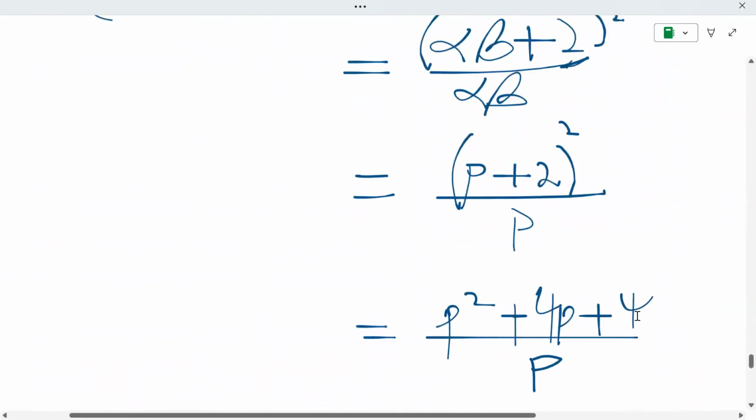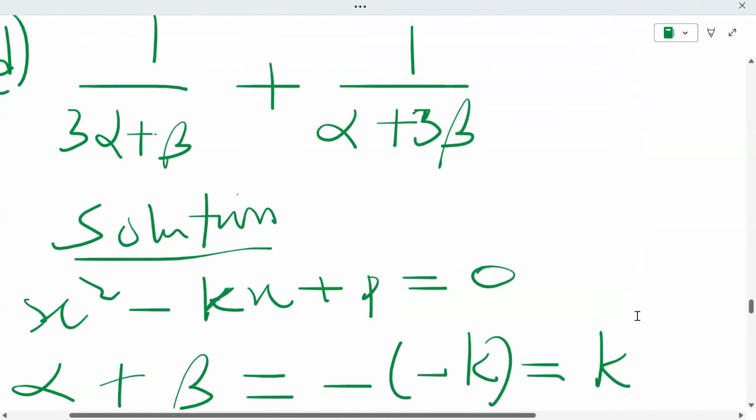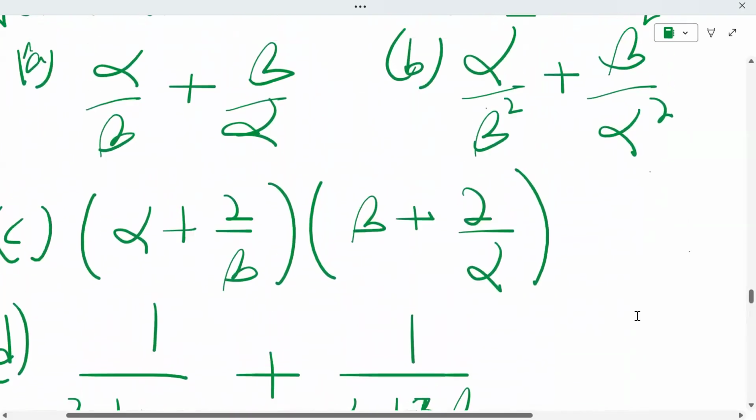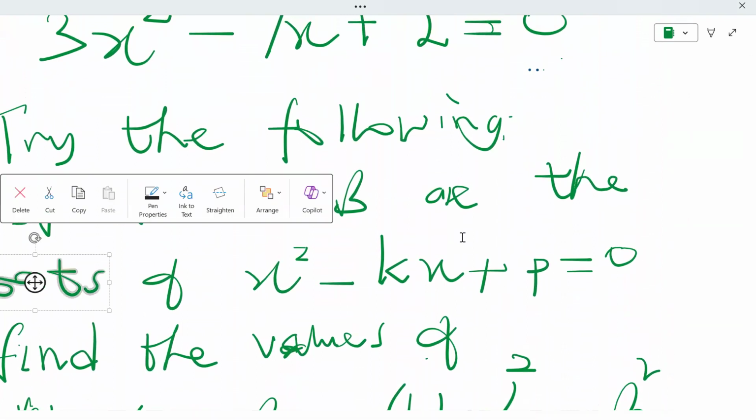Take your time. You can go back and look at the solution, all that we have done. The question was given to us as follows.